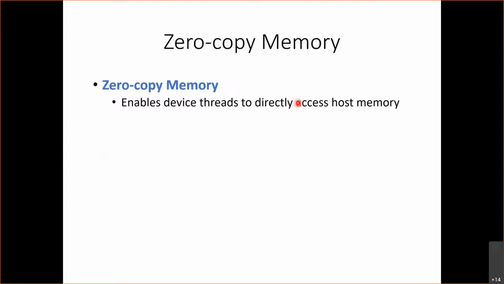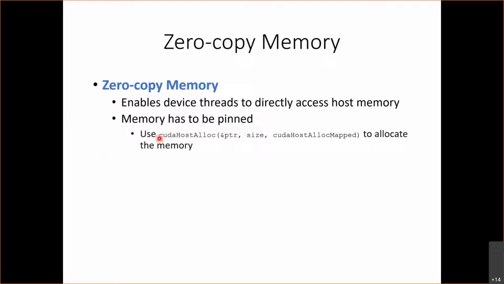So for zero copy memory to work, the data that I want to be able to access from a GPU thread in the CPU memory should be allocated in pinned memory. Okay, and the way we do that is using an API call that is cudaHostAlloc.